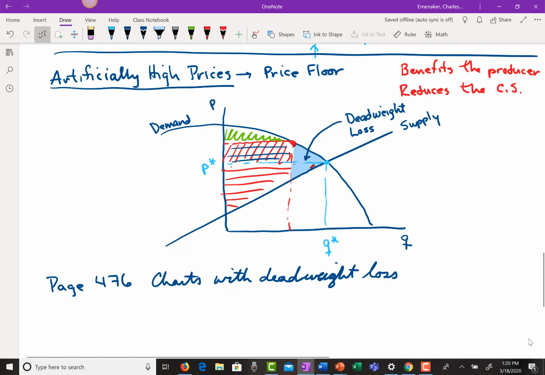Okay, so what we've taken a look at here is how to compute consumer surplus, how to compute producer surplus, how to compute equilibrium price, as well as the equilibrium quantity.